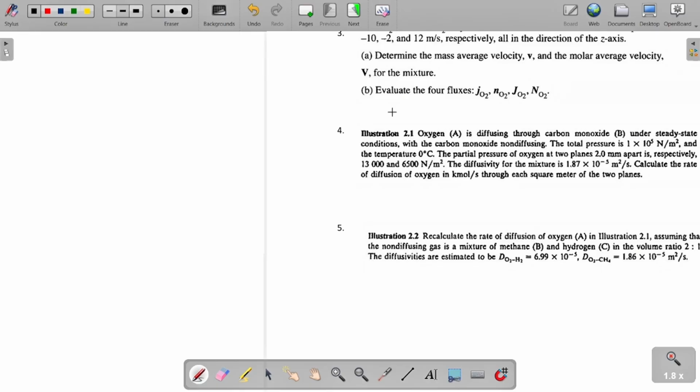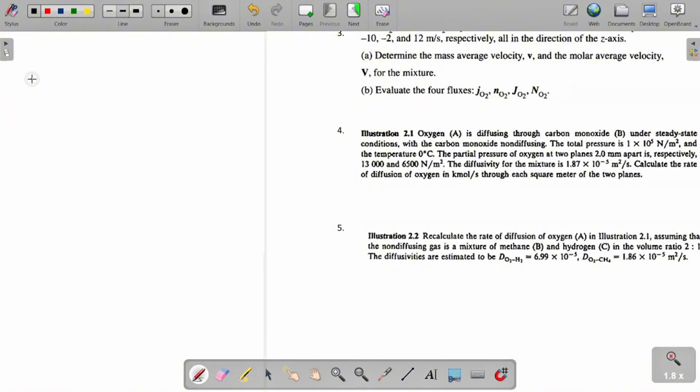That's the only difference that will be over here. Just calculating DAB. Right, everything will still be the same, but we're calculating the DAB in such a way that we want to find the diffusivity of A in the mixture. Yeah, because right now you see the non-diffusing is a mixture of methane and hydrogen, right?